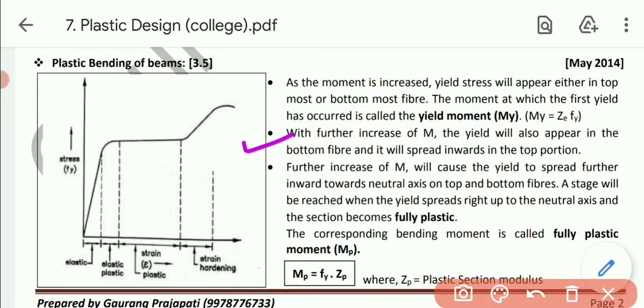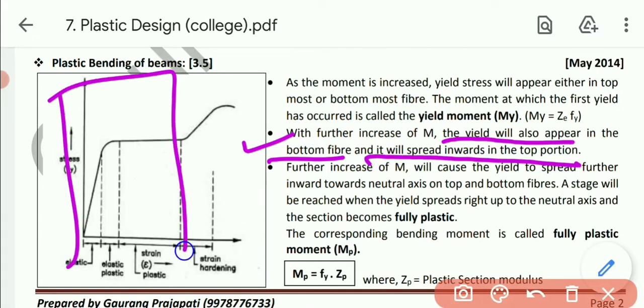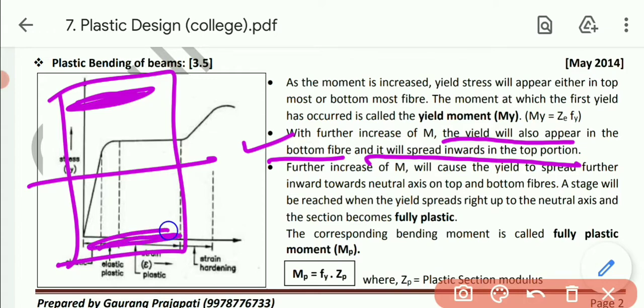Then with further increase of moment, the yield will also appear in the bottom fiber and spread towards the top. Say for example, first of all yield occurs at the top. As soon as the moment is increased, the yield will start to develop in the bottom fiber also.